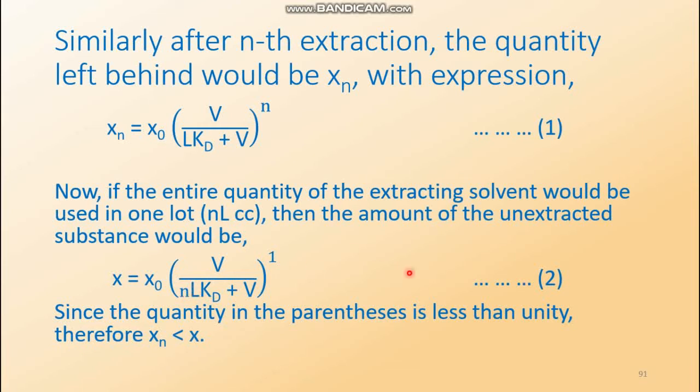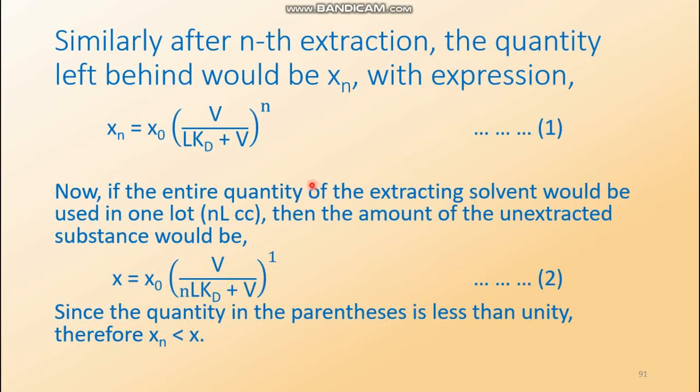So thus you get equation 2. Now if the entire quantity of the extracting solvent is used in one lot, that is nL cc, then the amount of unextracted substance would be this one. So this is equation number 2.